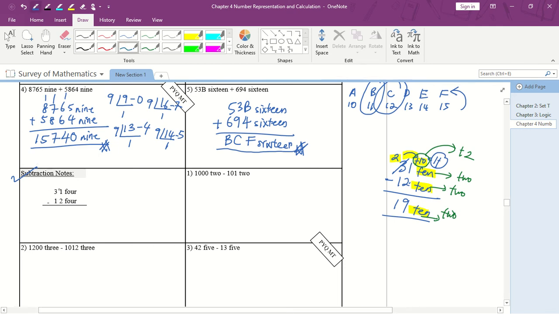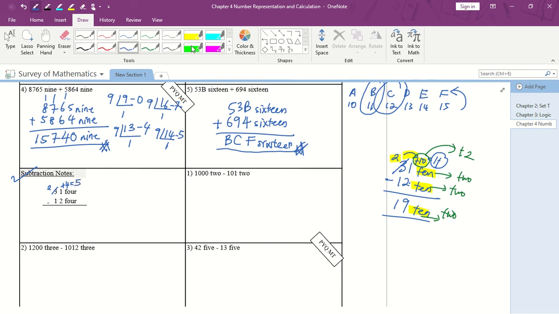So now let's look back to this question: 31 base 4 minus 12 base 4. So 1 minus 2, yes, we are not able to minus it, so we will borrow. So 3 of course will become 2, and because this is base 4, we will plus 4 here and it will become 5.